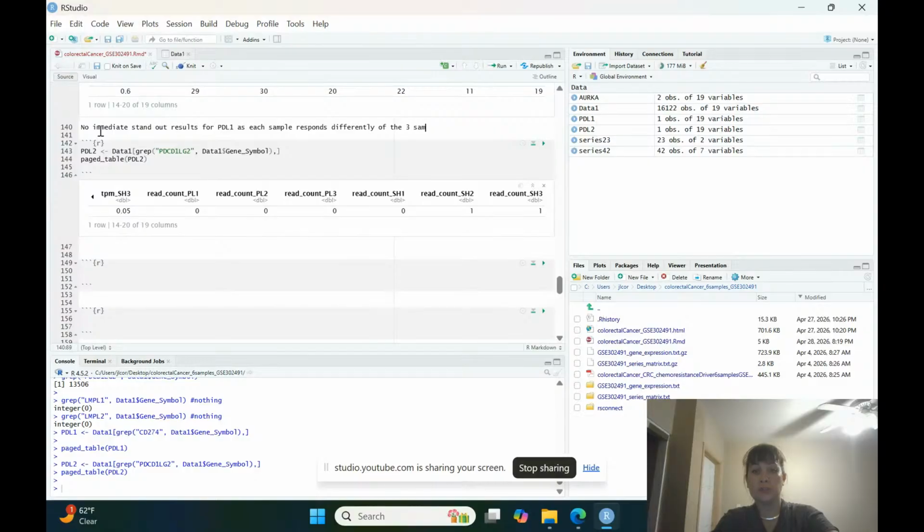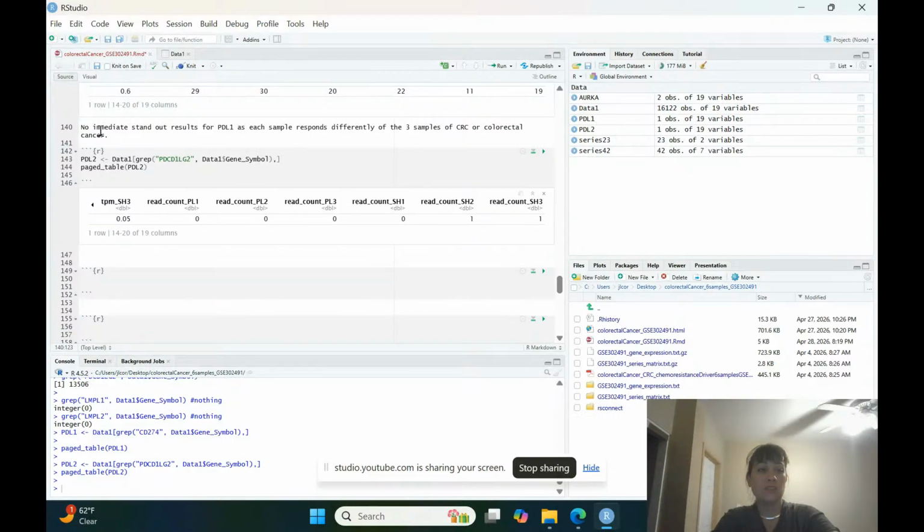Of the 3 samples of CRC or colorectal cancer, when they knock out the AURKA gene, one goes up, one sample down, one very close to the same.